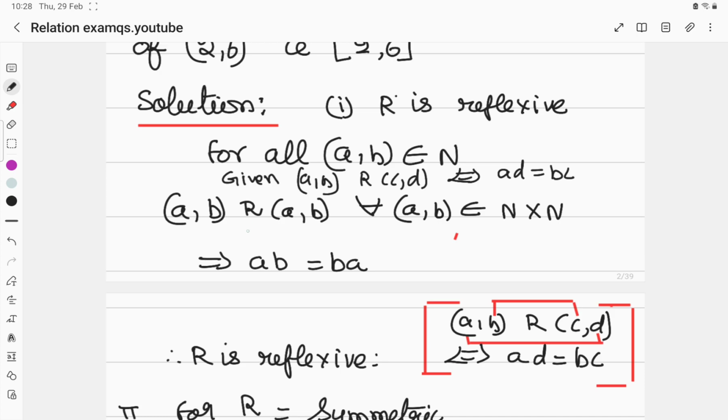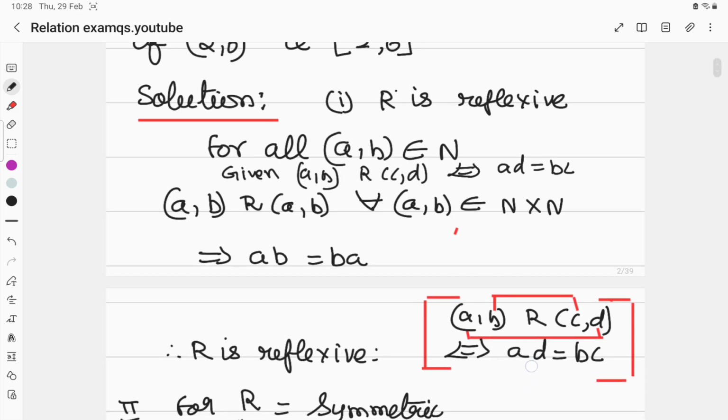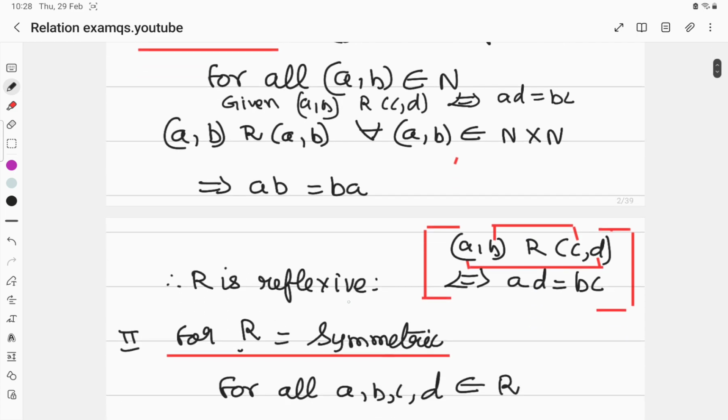Here (a, b) related to (a, b). For all (a, b) belonging to N cross N, then ab = ba. Therefore, R is reflexive.